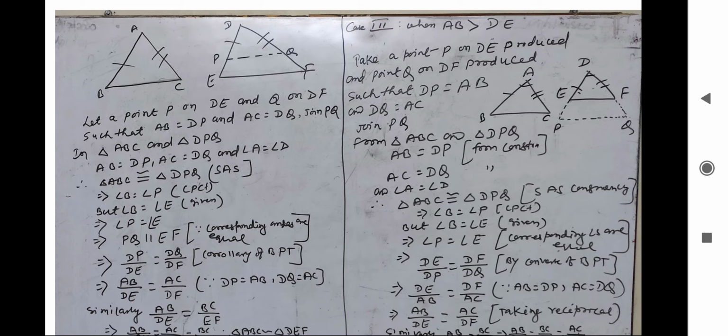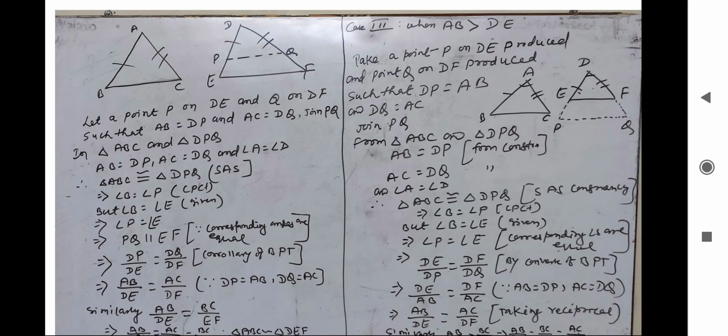Look at the figure carefully, we will understand. Similarly, we can say AB by DE equal to BC by EF. This implies AB by DE equal to BC by EF equal to AC by DF. Hence, triangle ABC similar to triangle DEF.